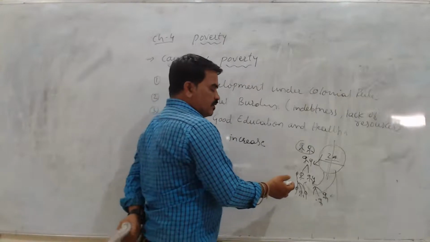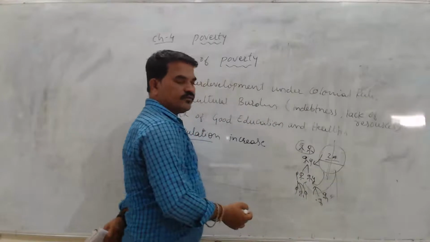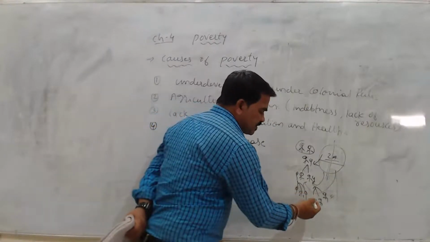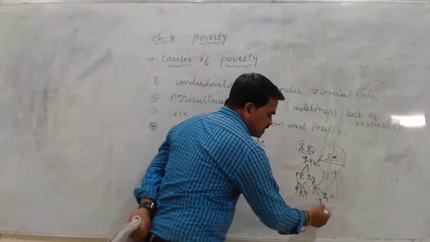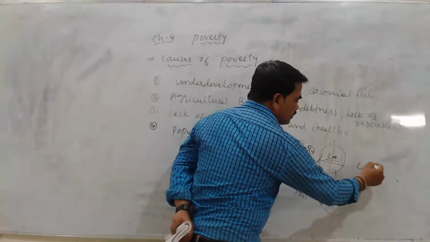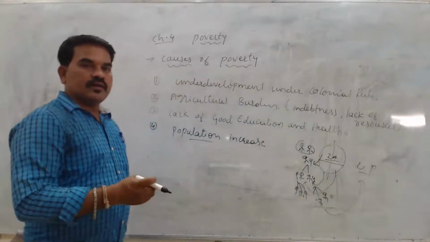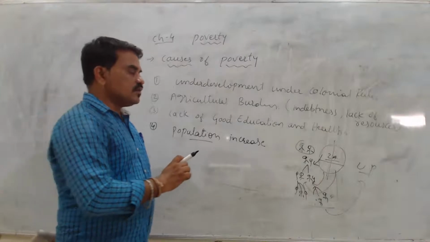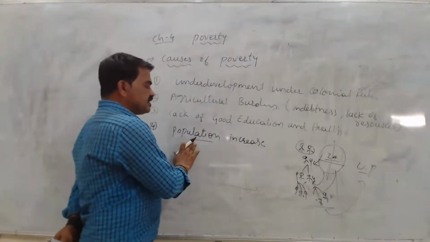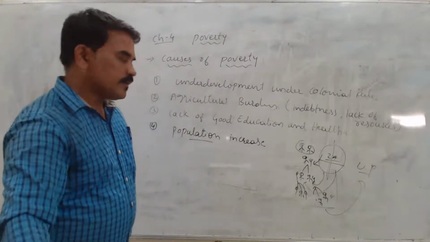There will be illness in the family, and no proper education, with that less skill set and education. Even if they go to urban places, they will get casual employment, daily wage. With that also, they will remain poor itself. That's why the increase in the population is also one of the causes of this poverty.